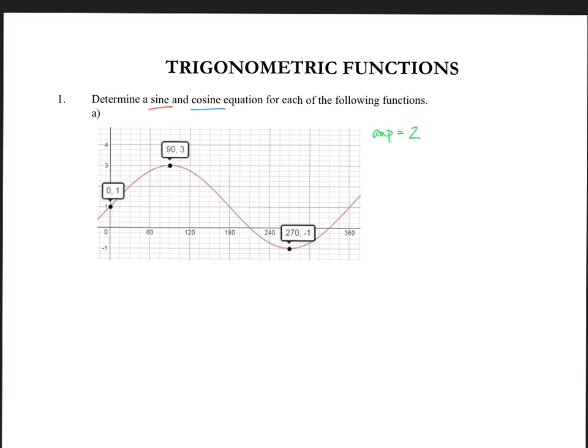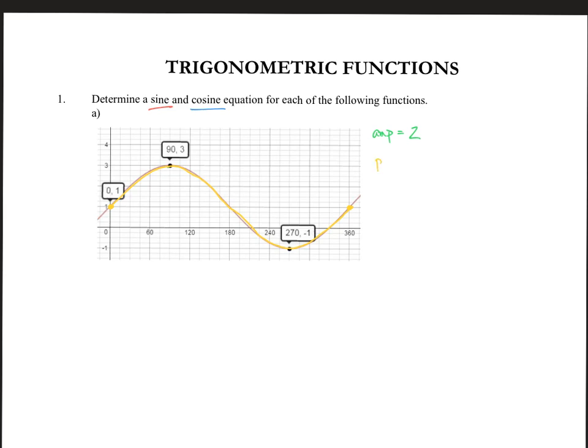Well, the next thing that I'm going to look at is my period. Now, I can eyeball this a little bit, but there's a better way. I know that my graph has this value of 1 at the very beginning. My graph then rises to a max, falls to a min, and returns back to a value of 1 here.